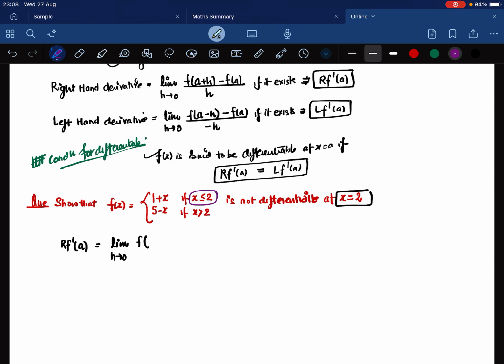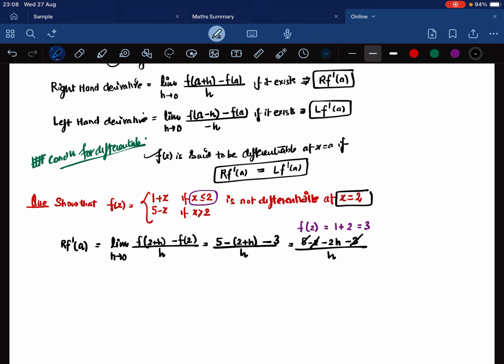First let's check f(2). For x less than or equal to 2 the function is 1 plus x, so f(2) is 1 plus 2, which is 3. Now for 2 plus h the value is greater than 2, so the second function applies. In place of x we replace 2 plus h, and f(2) we already know is 3, divided by h.